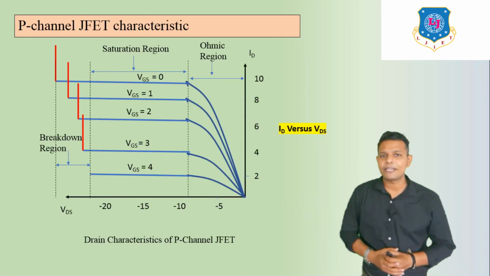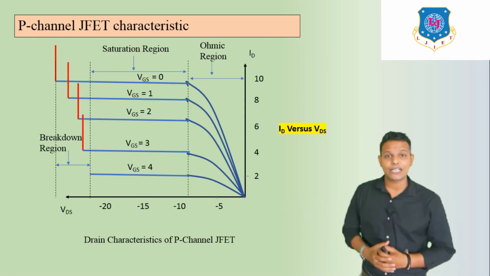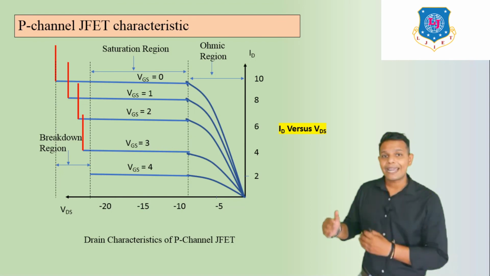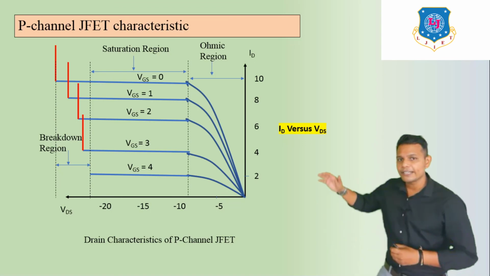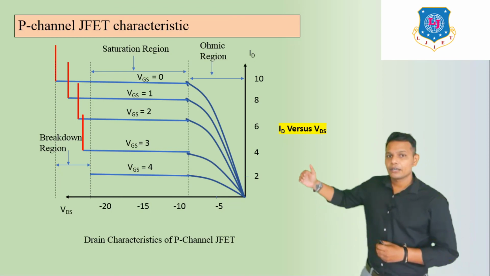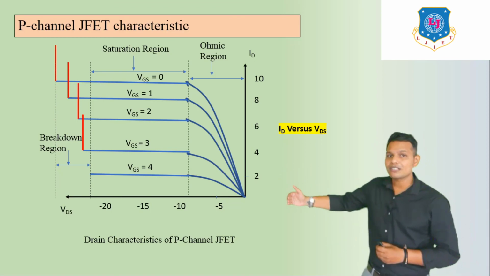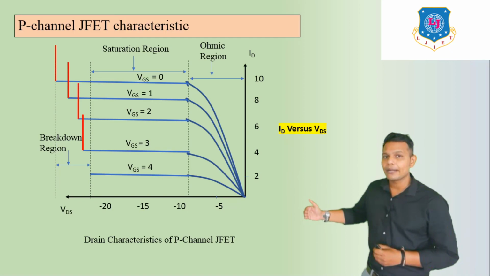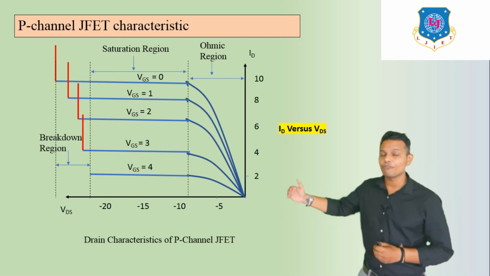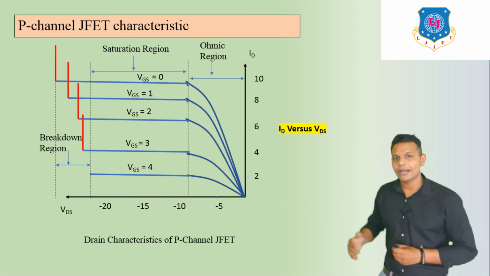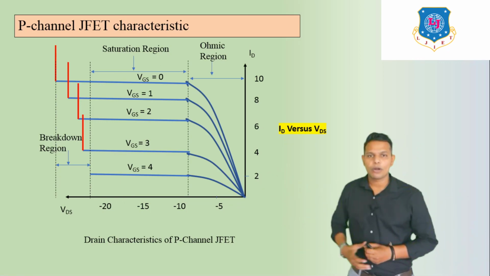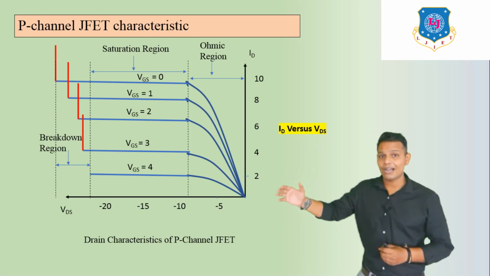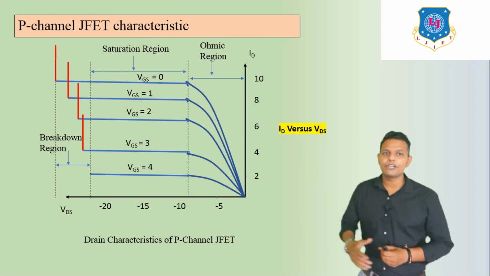Similarly, here we can see the P-channel JFET's characteristics, as we discussed for N-channel JFET's characteristics. But in this graph it is in the second quadrant, because here we have to apply a minus value of VDS. That's why it is available in the second quadrant. This is the graph of ID versus VDS.